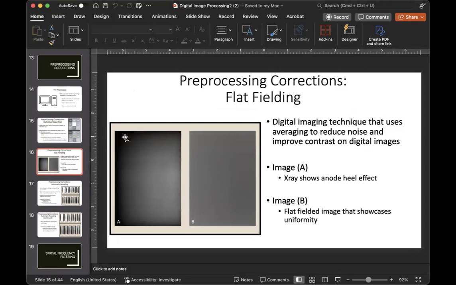So instead of all these areas that showcase the anode heel effect, in image B, the flat fielding correction minimizes and uniforms the entire plate. And so that's why, back in the day, anode heel effect would be a major concern that people would have to account for. Nowadays, in digital, you don't need to because of this correction filter.